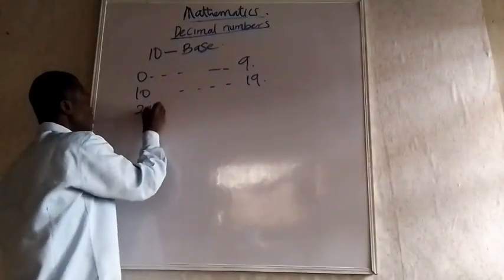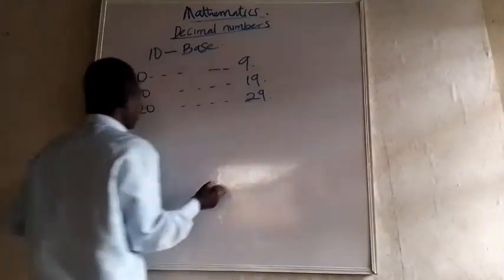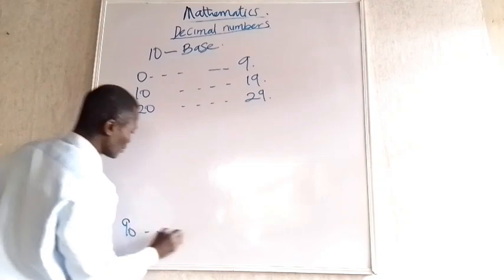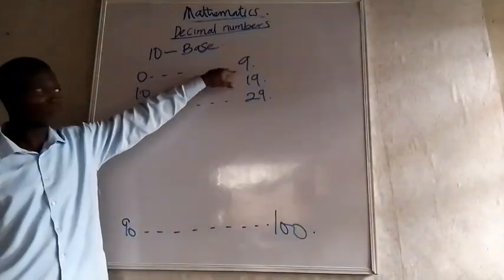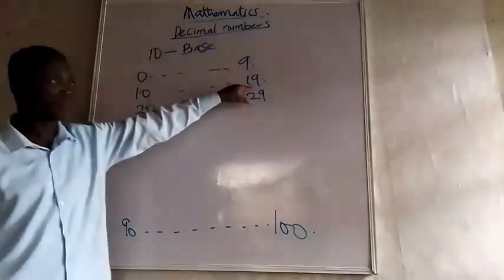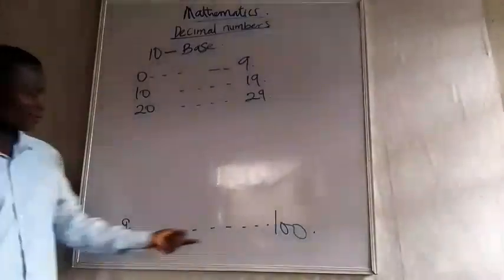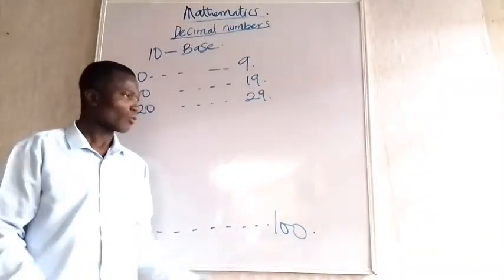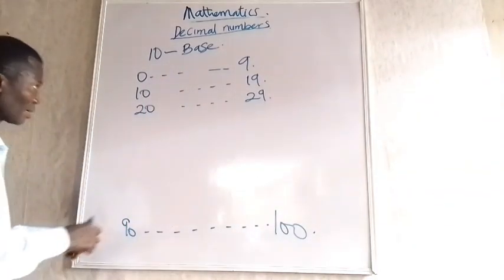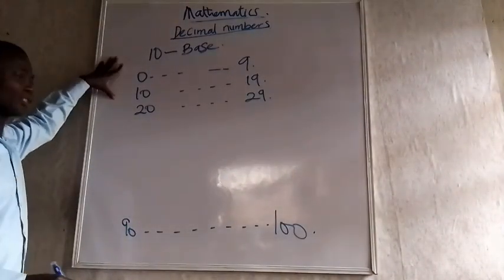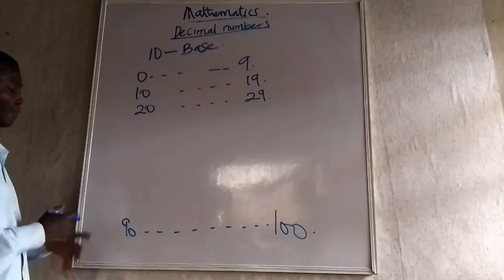The next one will be 20 to 29, until we get to 90. Initially we have units, later we have tens, and afterwards we have 3 numbers. By the time we continue like that, we'll be having 4 numbers, 5 numbers, 6 numbers, etc. That is why we have them as whole numbers.